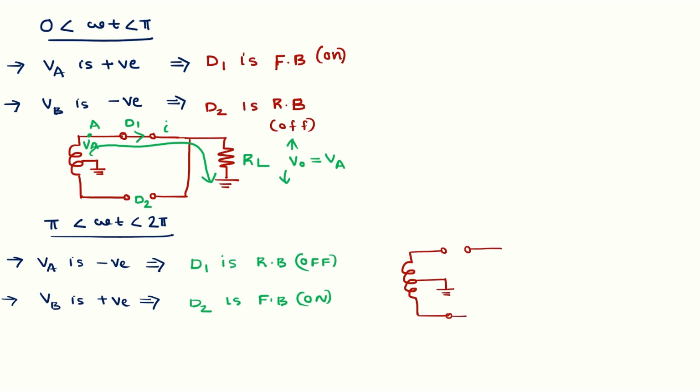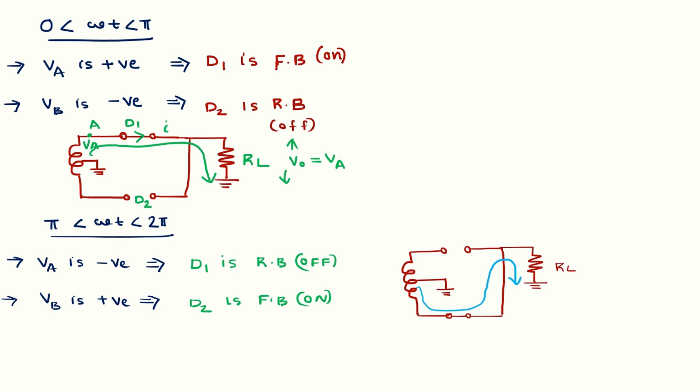An ideal diode can be a short circuit at the time of forward bias condition. And the load resistor, this is RL. Okay. And the current is flowing like that, or in the reverse manner also, the path is like that only.